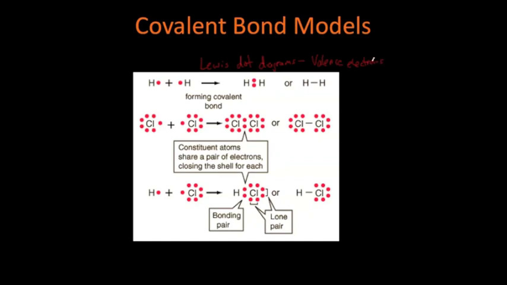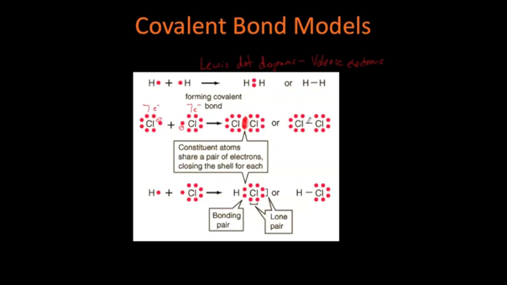If you remember, chlorine's a halogen, so it's in group 17. It has 7 valence electrons. So what happens is it needs to fill 1 spot in its outer shell, so they share a pair of electrons.